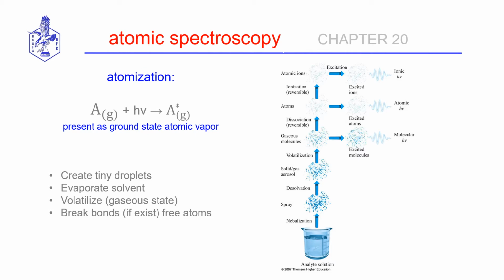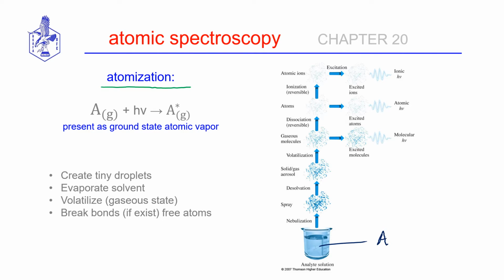This slide is going to help you understand the process of getting our species of interest up into the ground atomic vapor state. The process is called atomization. Okay, so consider that you have some analyte species of interest down in a solution.